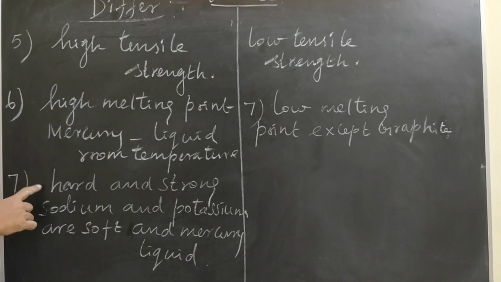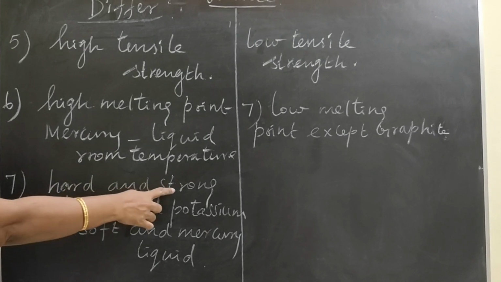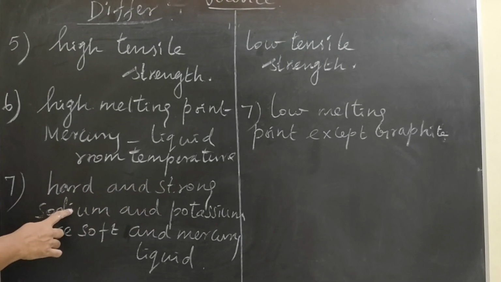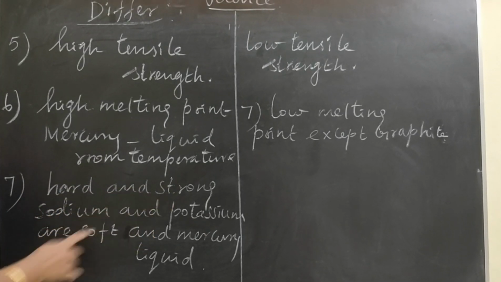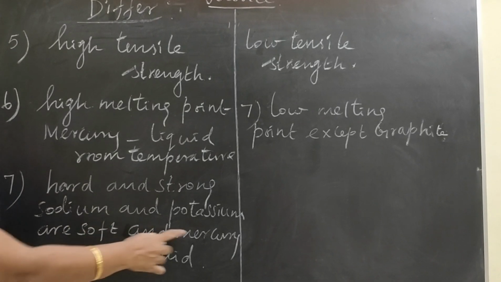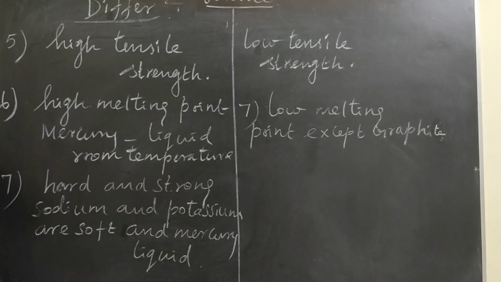Listen children, metals are hard and strong. However, sodium and potassium are soft and mercury is a liquid.